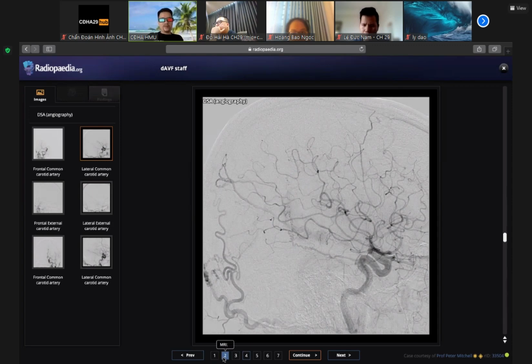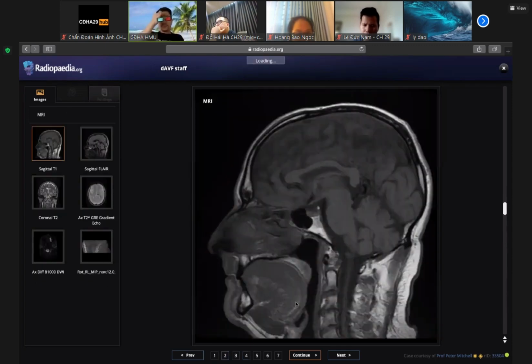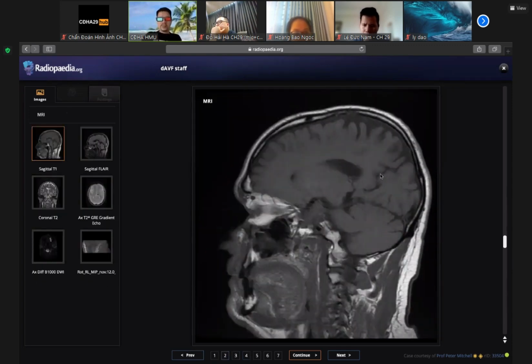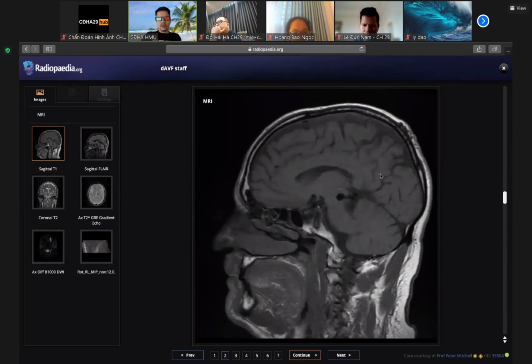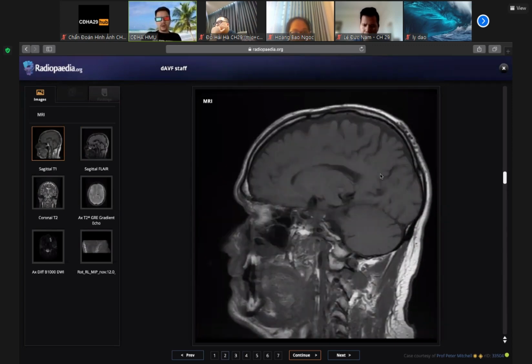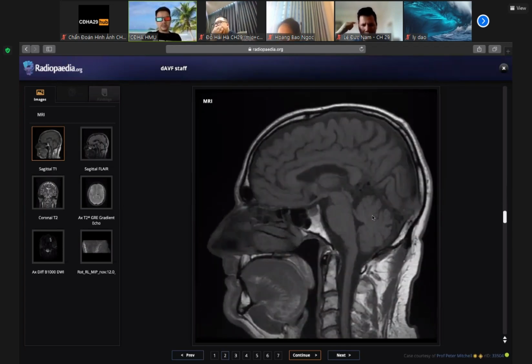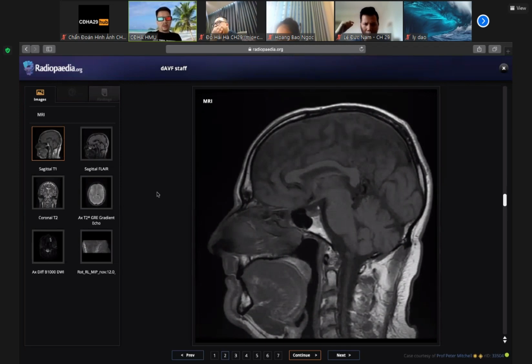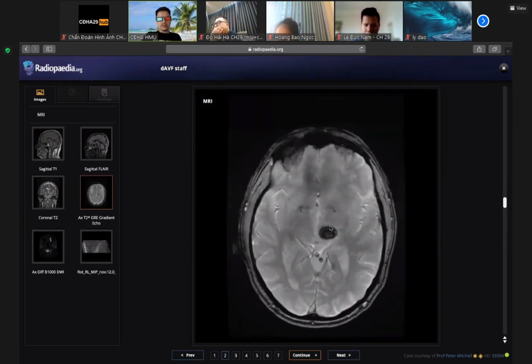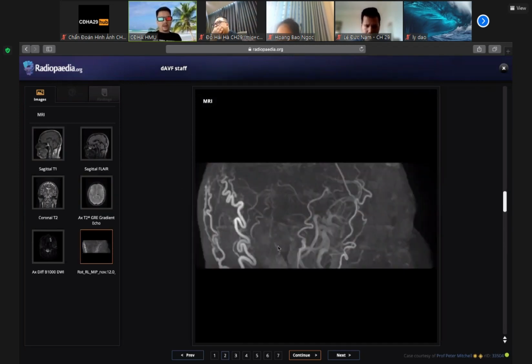So in brief, I think the imaging finding which suggests dAVF on conventional MRI, on CT or on MRI is that you see a dilated vein, and you don't see the intraparenchymal nidus, and you see the dilated branches from the ECA, right?